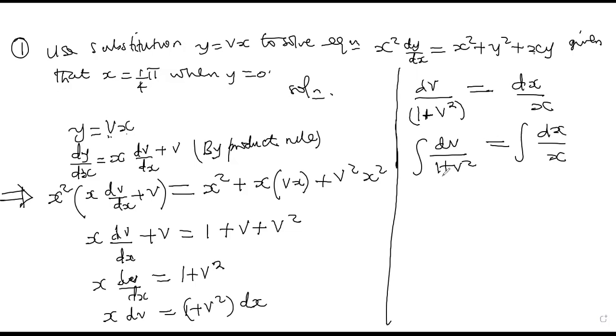So this is the same as tan inverse of v. I say, members, in case you are very confused, I recorded a video about tan substitution and sine substitution. So this is tan inverse of v is equal to, when you integrate dx over x, you get ln x, then plus a constant of integration.